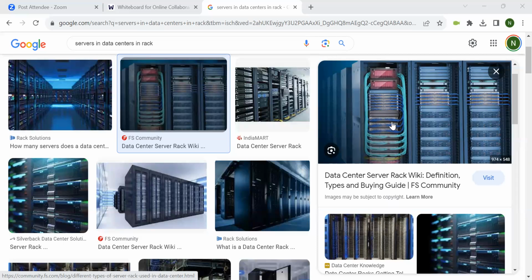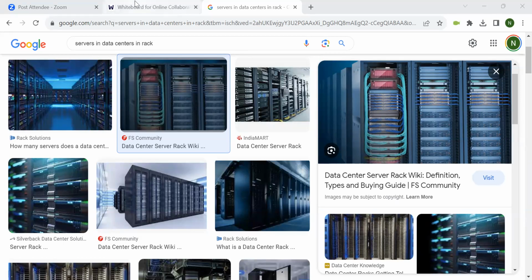For example, if you use any network related service in AWS, all those services will be deployed on these servers. So in a data center, one rack consists of multiple servers, for example compute, network, and so on.